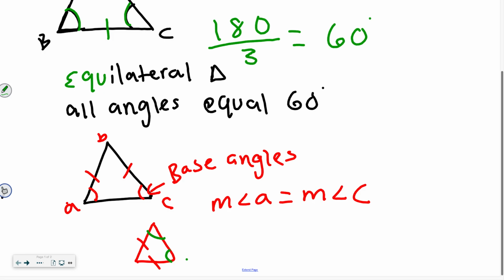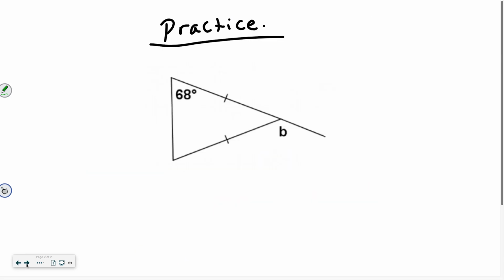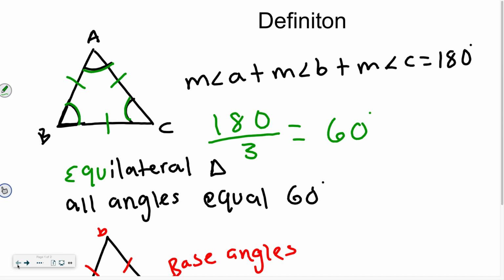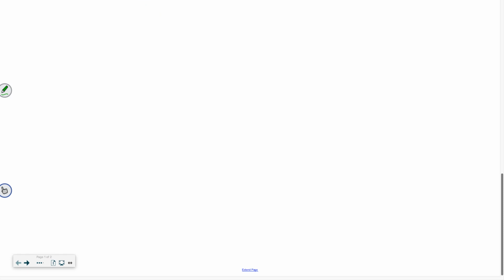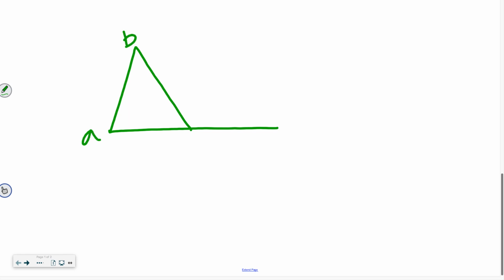And lastly, we have a theorem here, okay? We call this the exterior angle theorem. If I have a triangle and I have A, B, and C, and I know that these two, right, we've spoken about this.